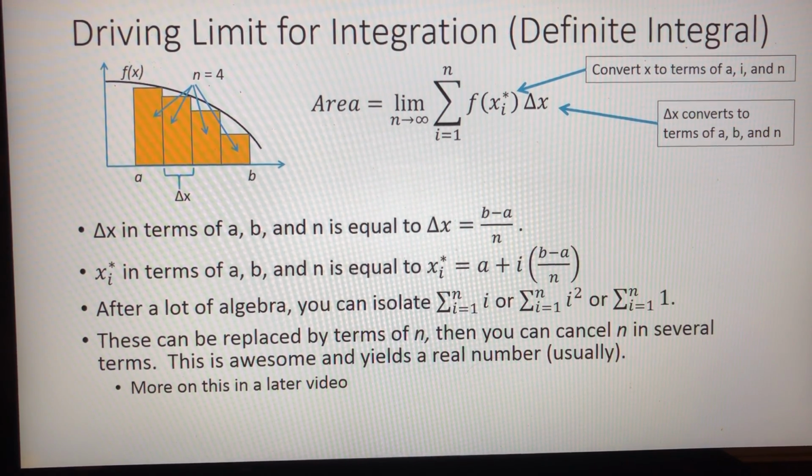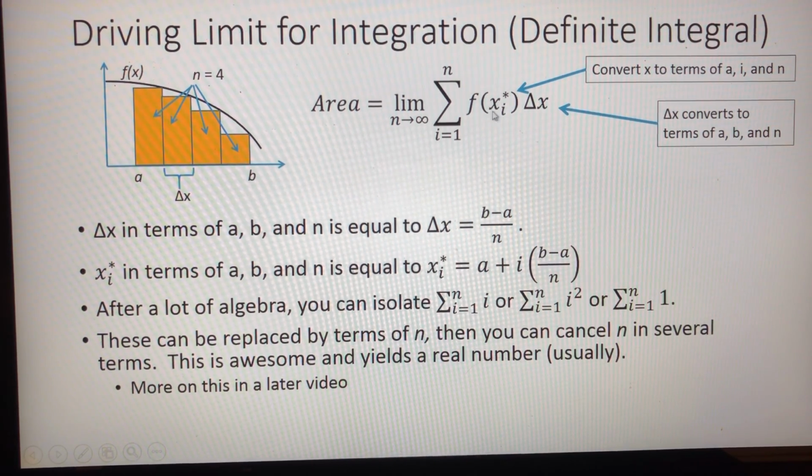You have something that's going to an infinite number of rectangles. Right here I represented n as 4, but obviously you want your rectangles to be thinner and thinner, the delta x to be smaller and smaller, and therefore the number of boxes approaching infinity.